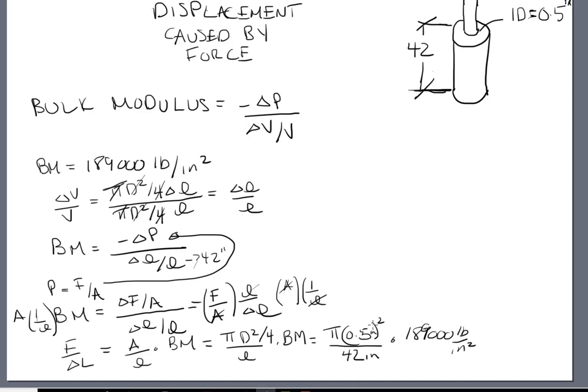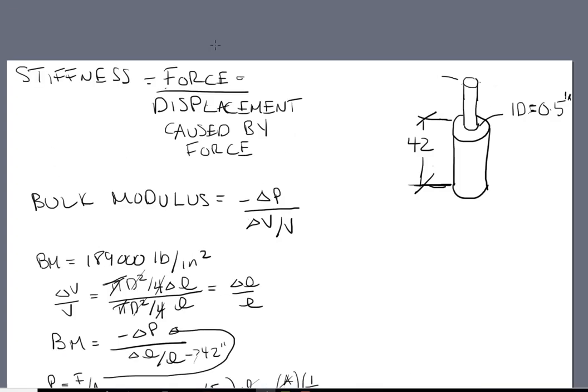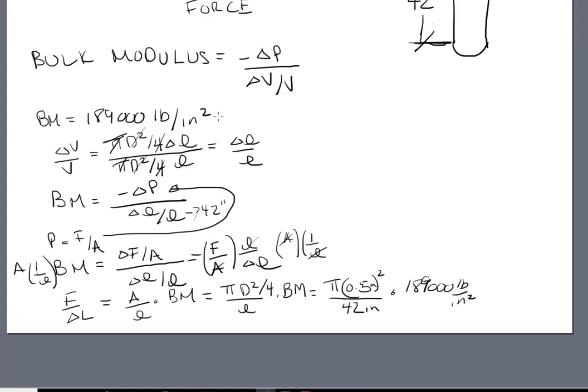Now let's take our units here. The inches squared crosses out, and you're left with pounds per inch, which is what we want, force over displacement caused by that force.